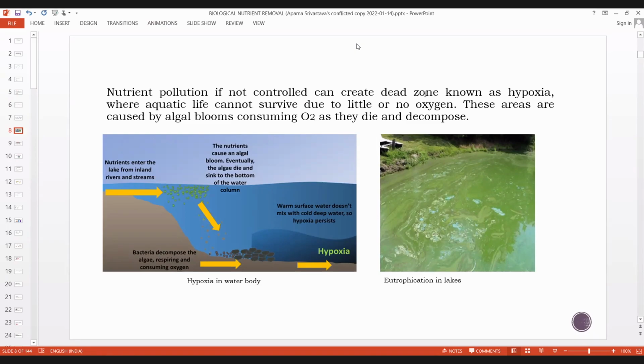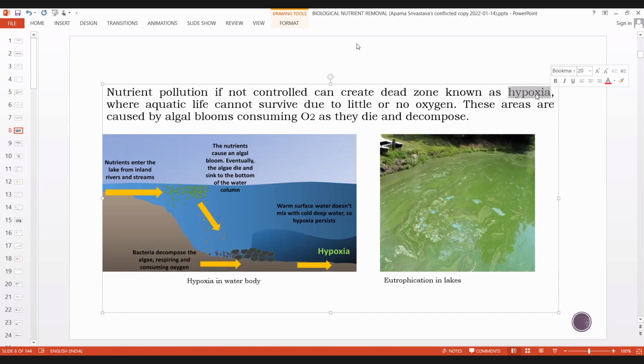can create dead zones known as hypoxia. Why is this hypoxia going to occur? Lack of oxygen. All oxygen is utilized during the conversion of ammonia to nitrite to nitrate.